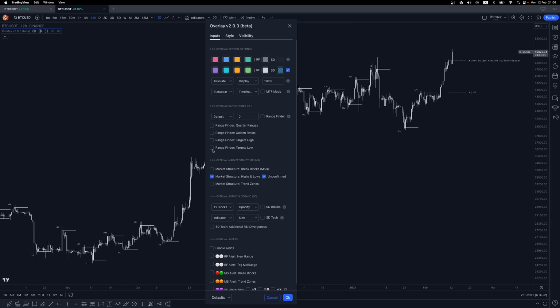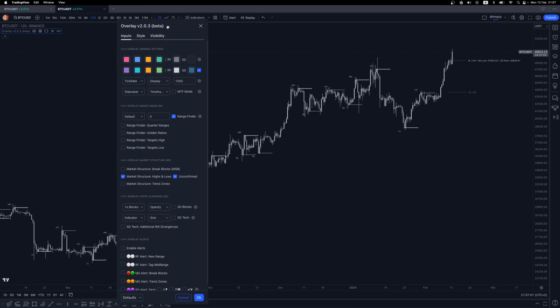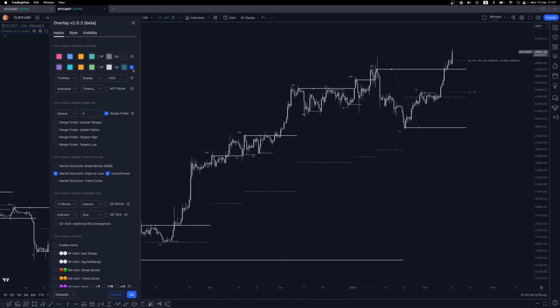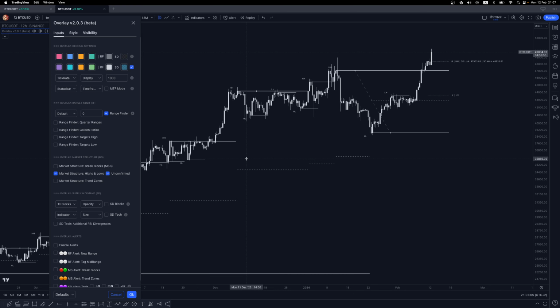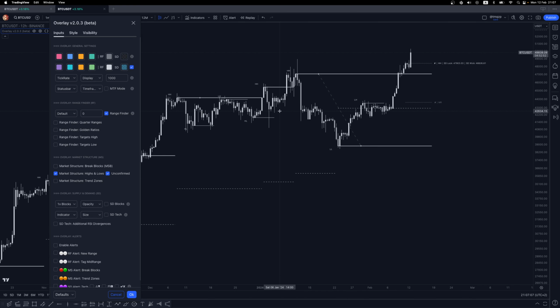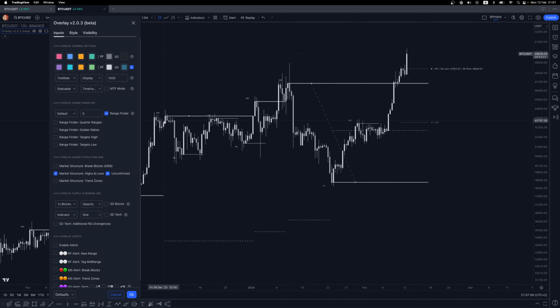In the previous version, 2.0.2, there was an extra option that I added, which was to deactivate the rangefinder SD blocks. So if we activate the rangefinder, this is the only change basically to the rangefinder. It used to have blocks with where the higher high came in and the lower low came in, and then you could disable that here. So that feature is now here.